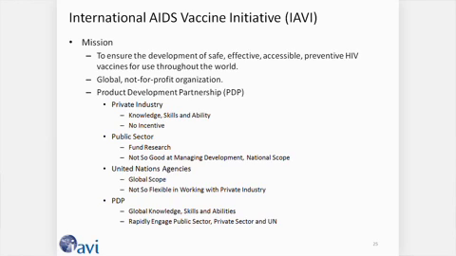We're a global, not-for-profit organization, and we're a product development partnership. We're one of the first PDPs out there. One of the reasons for this PDP framework is that private industry tends to have the knowledge, skills, and abilities to get drugs and vaccines through the regulatory hurdles and all the manufacturing hurdles of scaling up.